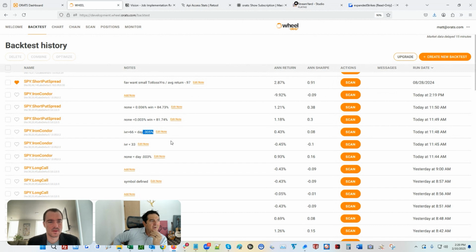And what hopefully it will teach you to do, because you do want to be in the market as much as you possibly can, meaning you want to be deploying capital. In this iron condor, you're only in the market 23% of the time, so you're only using capital 23% of the time.